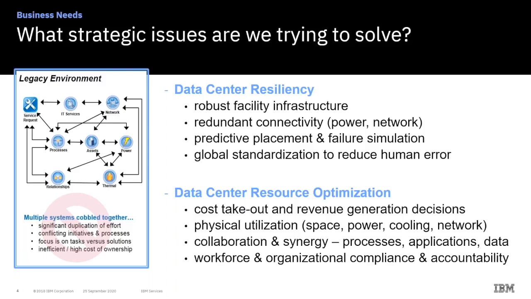We looked at two key things after we put together a brainstorming list of dozens of items that we wanted to resolve. We kind of netted it to these two that you see: data center resiliency and data center resource optimization. And a couple of bullet items below those that I'll point out. Obviously, we were looking for the kind of robust infrastructure that we needed and redundancy of power and network, but also we wanted to forge into the predictive capabilities and failure simulation, as well as looking at standardization with a deployment that does go worldwide in IBM across all of our GTS organization.